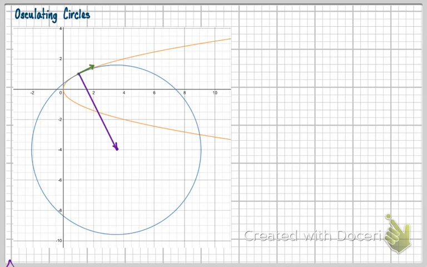Now remember what it was. The vector was 5 over 2, comma, negative 5. So that means I'm going to go to the right 5/2. Now keep in mind here, every 2 notches is 1, so every notch is a half. So this is going to be 1/2, 2/2, 3/2, 4/2, and 5/2.